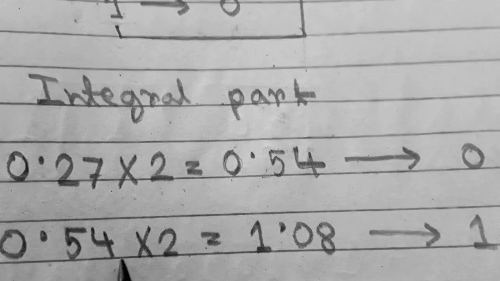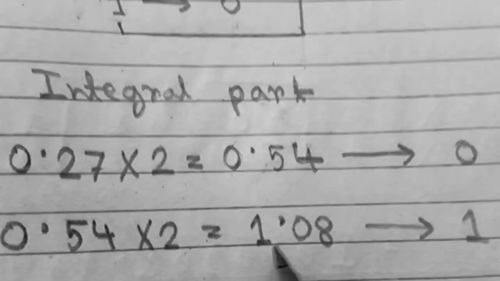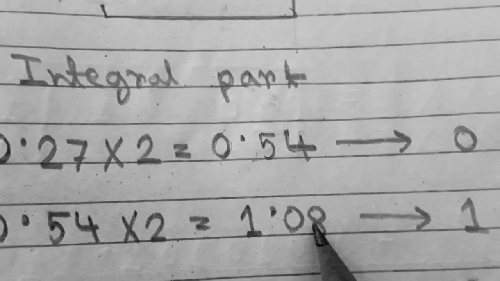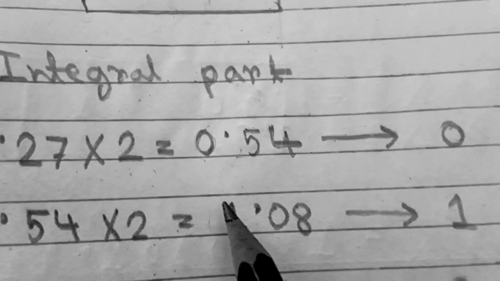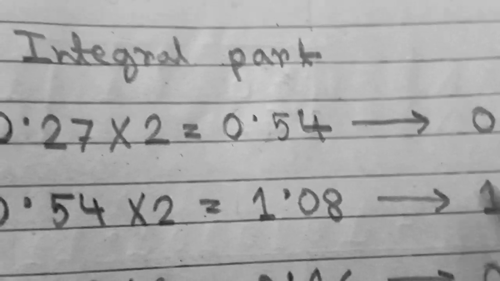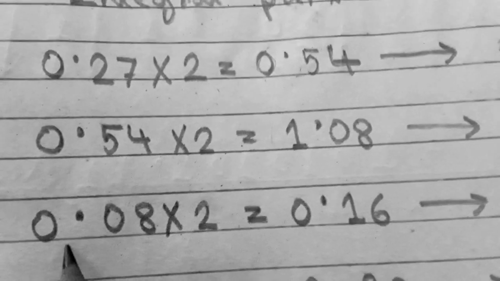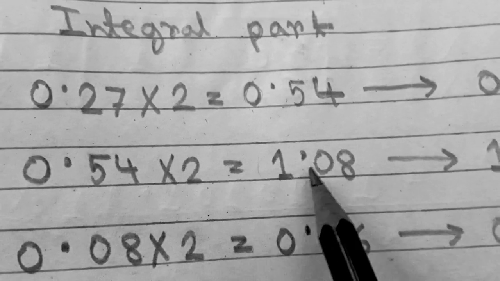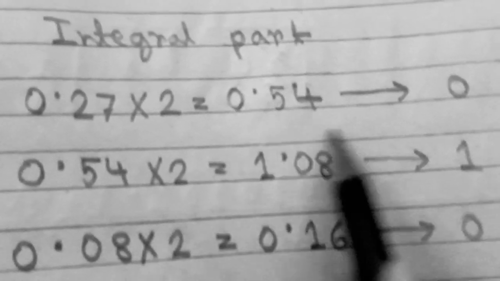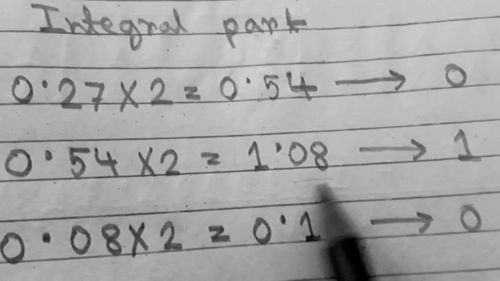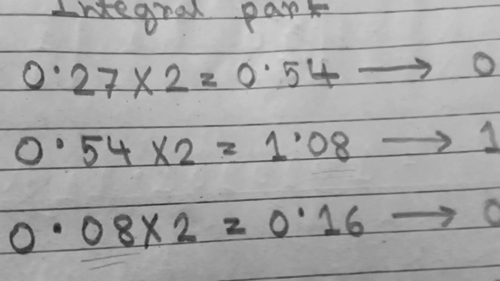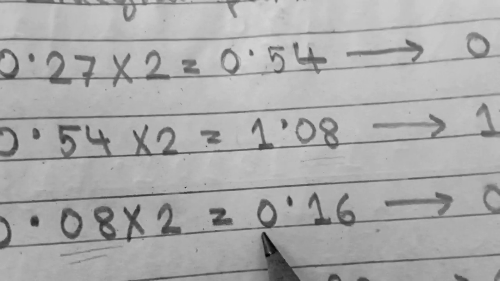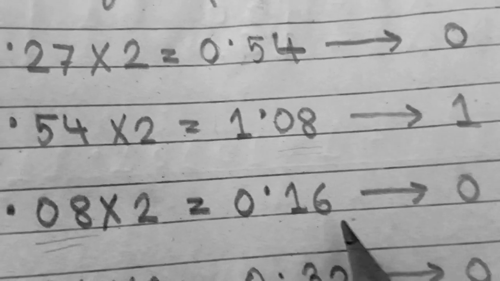So 0.54 into 2, I get 1.08. The 1, integral part, you keep aside and continue with 0.08. Don't start with 1.08; you keep aside 1 and continue with 0.08 into 2, then 0.16.